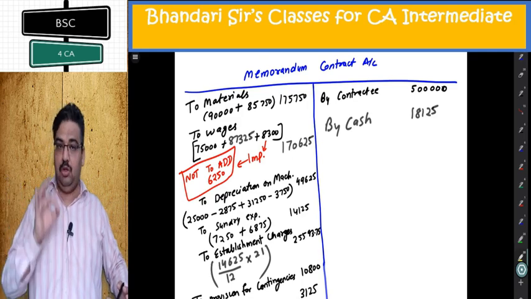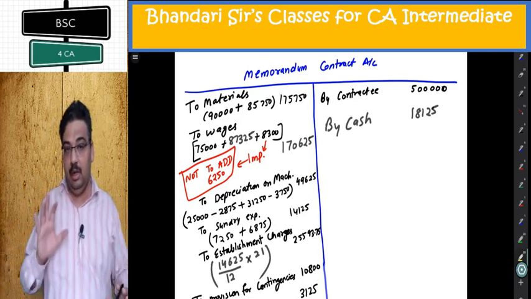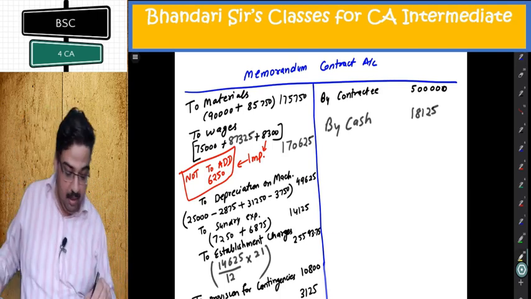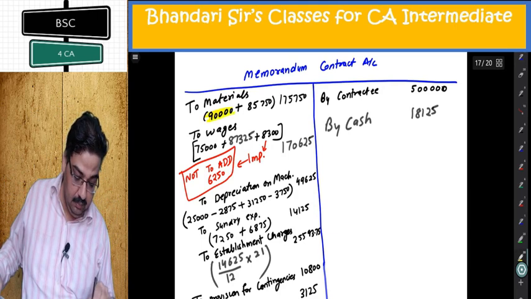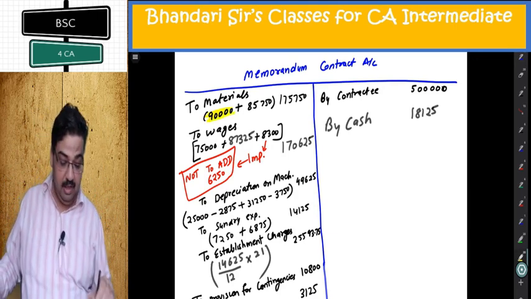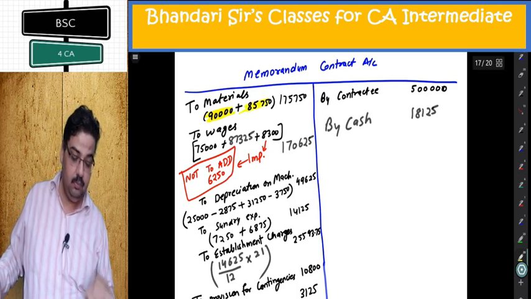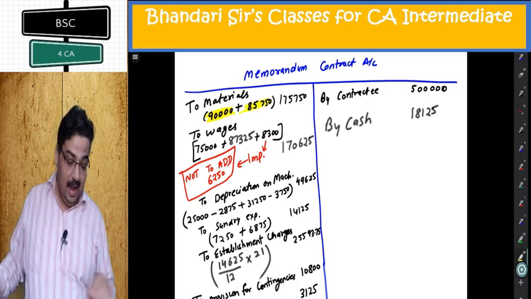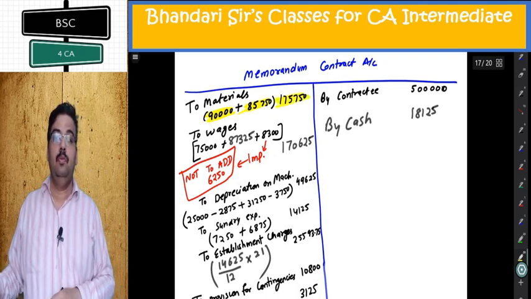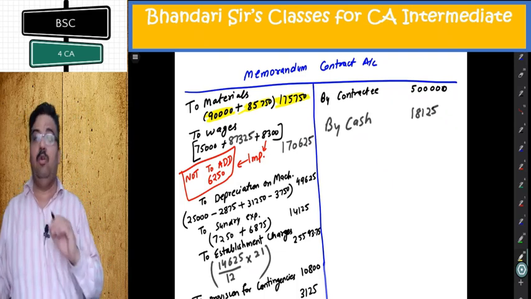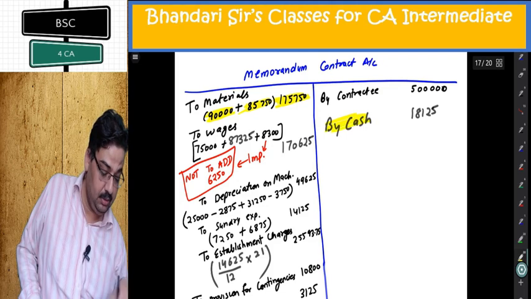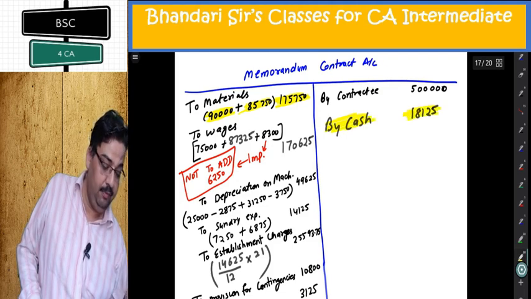I'll just show you calculation of each point to get the estimated profit in this question. To materials, you're having materials 90,000 given there. 90,000 was actual. More material consumed 85,750. Add them, you get total 1,75,750. In addition, at bottom there was one abnormal sale of material that I put here, by cash 18,125.